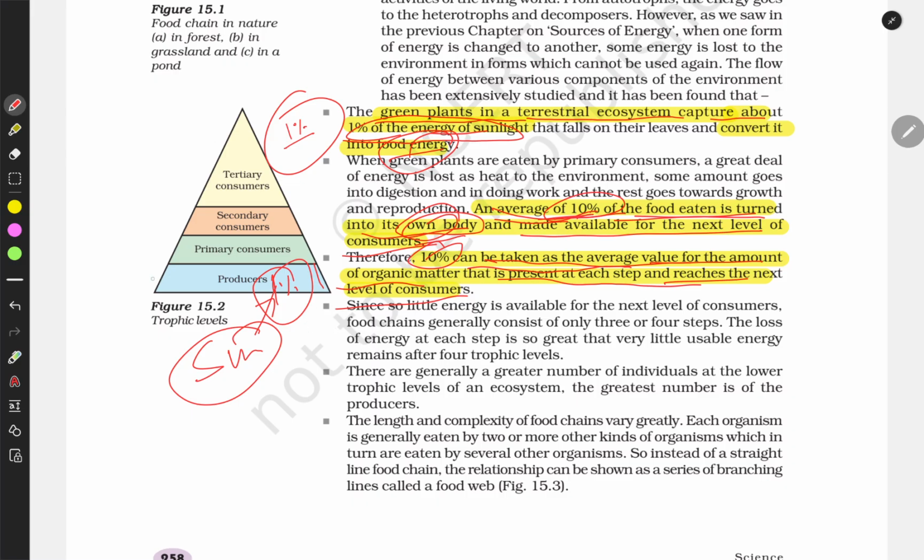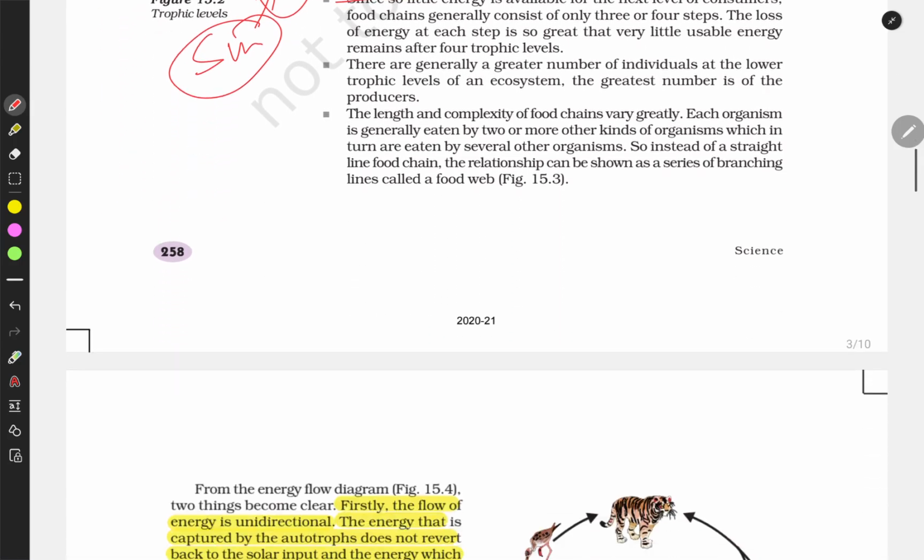Then only 10% of that energy is utilized by the primary consumers to form their own body, and 10% of the primary consumer is used by the secondary consumer, and only 10% of that energy is used by the tertiary consumers by eating the secondary consumer. This is also called the 10% rule.